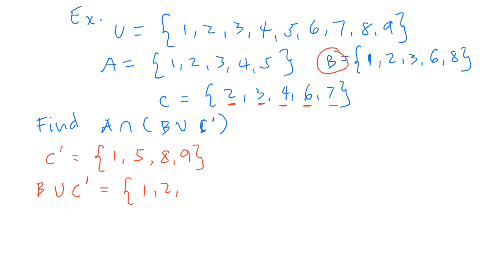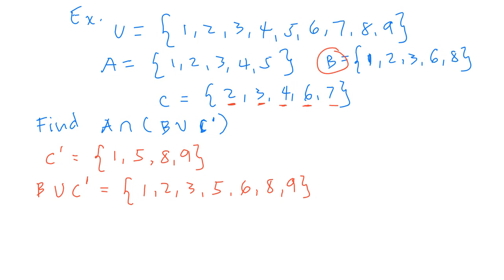So you can copy that 3, and then 5, it's in C naught, so we can have that in order. 5, and then 6, we have that in B. 7, we don't have 7. 8, we have 8. And then 9. So that would be the elements inside B union C complement.